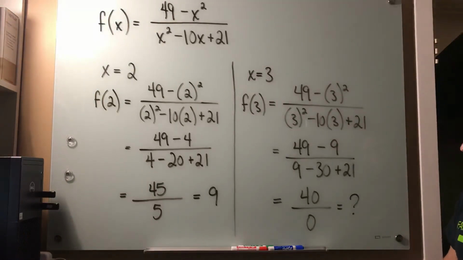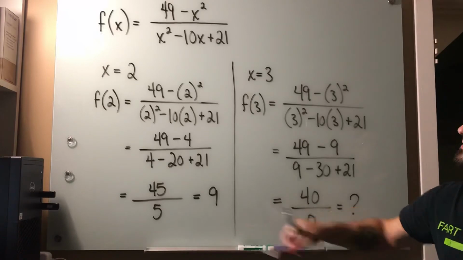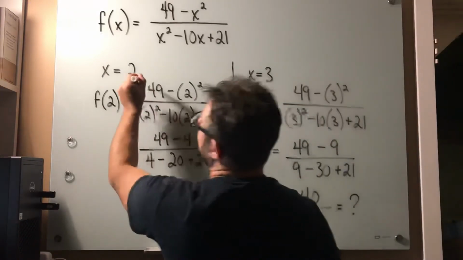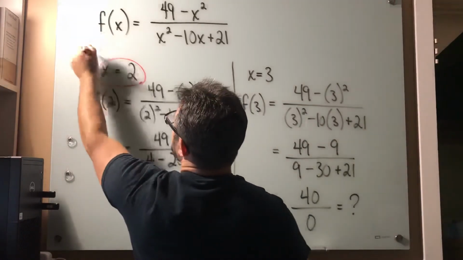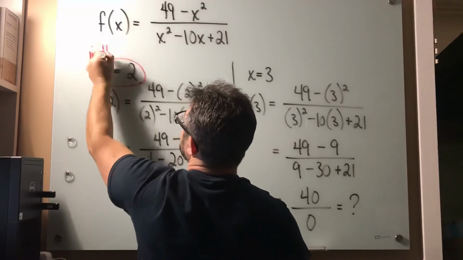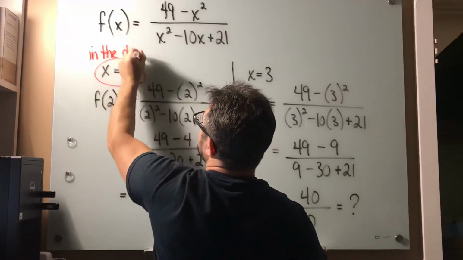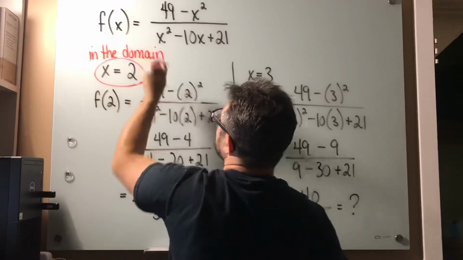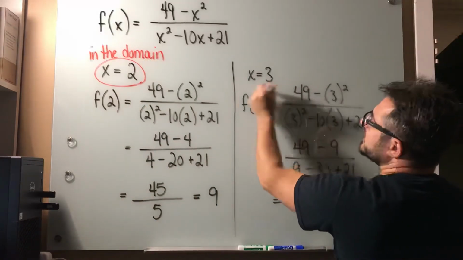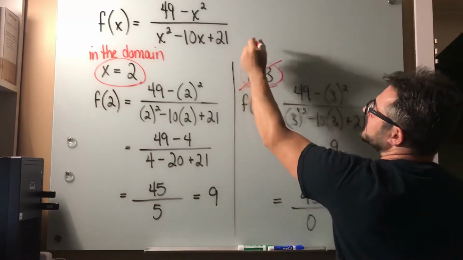The big difference then is that 2 is in the domain, but 3 is not in the domain.